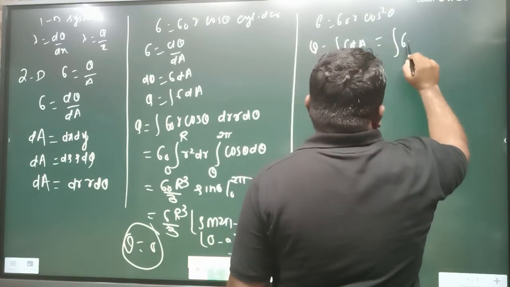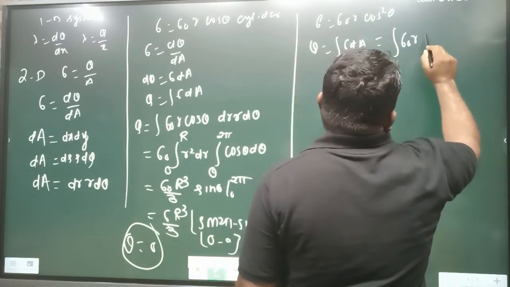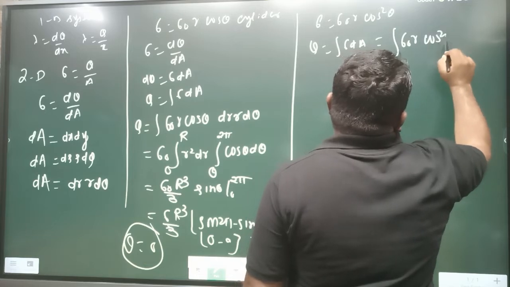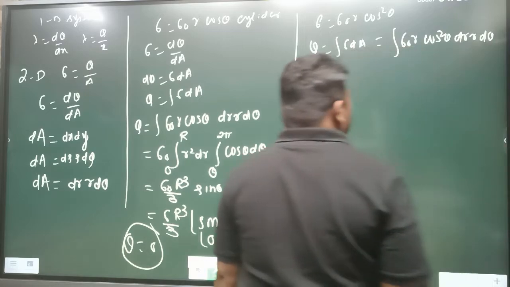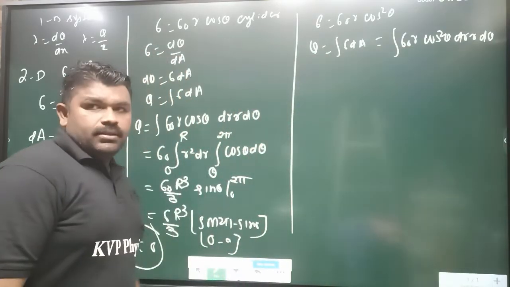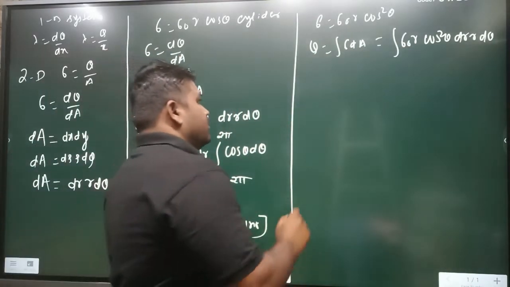What is the sigma value? Sigma is equal to sigma naught r cos square theta into dr r d theta. Sigma naught we can take common out.